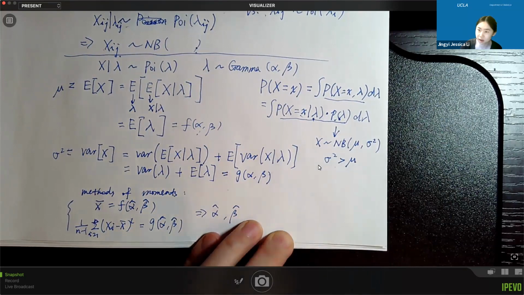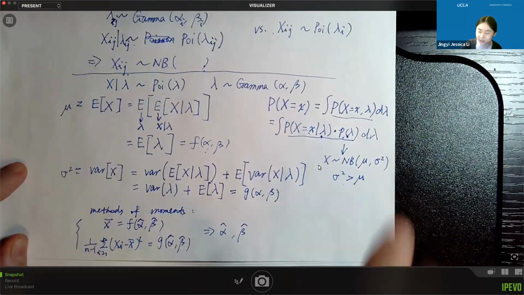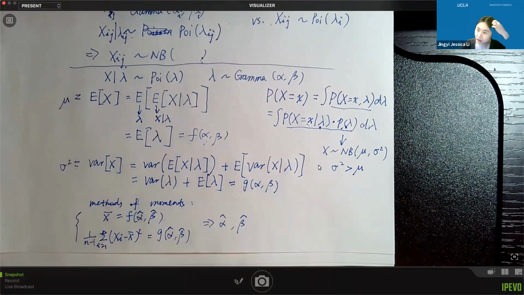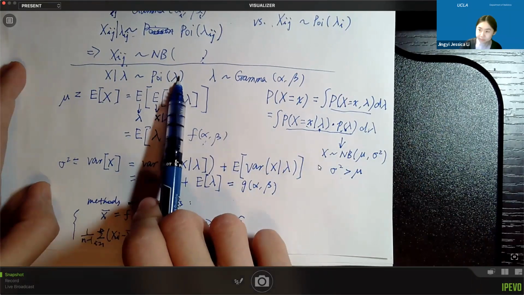So you can consider Poisson as a special case of negative binomial distribution. That's the first way of interpreting the negative binomial distribution as this hierarchical model, which means you add a layer on top of Poisson by considering the Poisson parameter to be random.